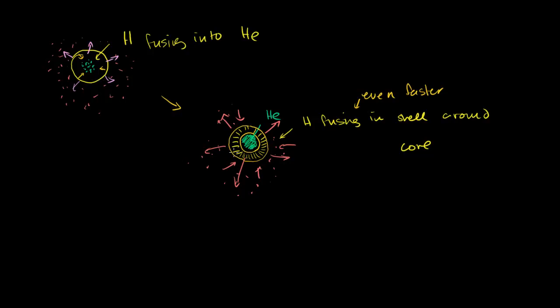The unintuitive thing is that the fusion is happening faster over a larger radius. The reason is that you have an even denser core causing even more gravitational pressure. And as that's happening, the star is getting brighter. And since the fusion reactions are happening in a more intense way and over a larger radius, they are able to expel the material of the star even farther.